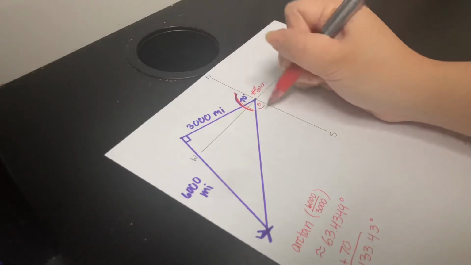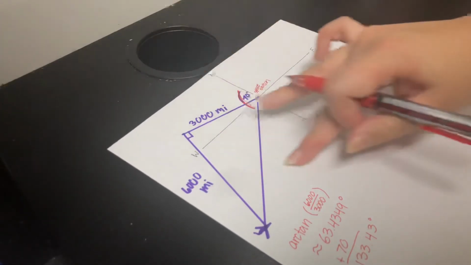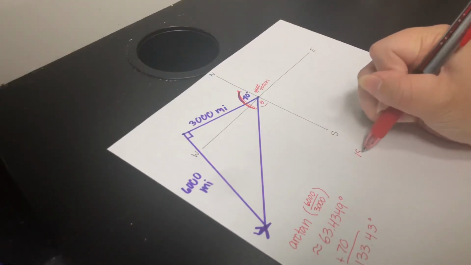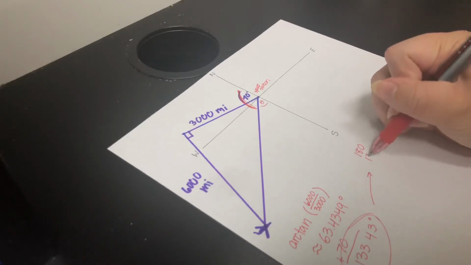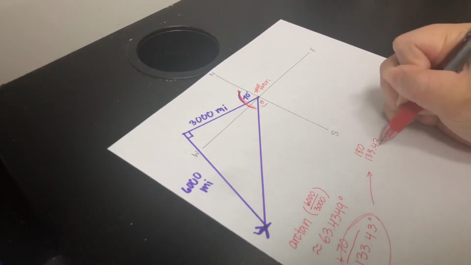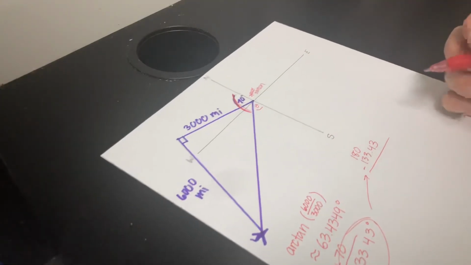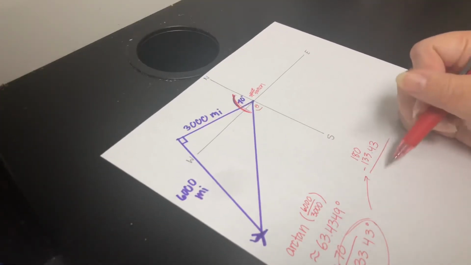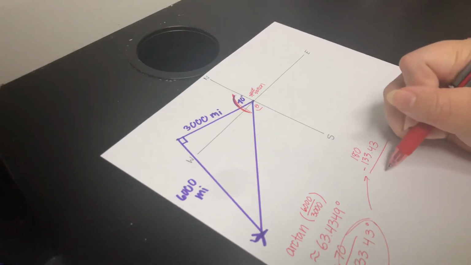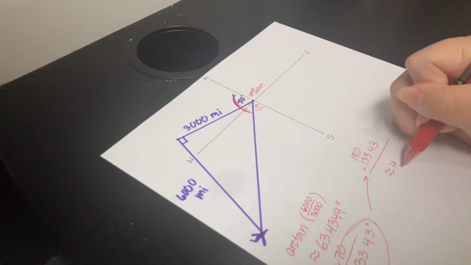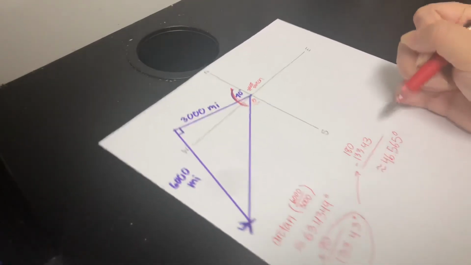But we're trying to find this part right here. Since this whole thing right here is equal to 180, we subtract this one here, 180 minus 133.43, to find this one here. And once we subtract it, we get the answer of roughly 46.565 degrees.